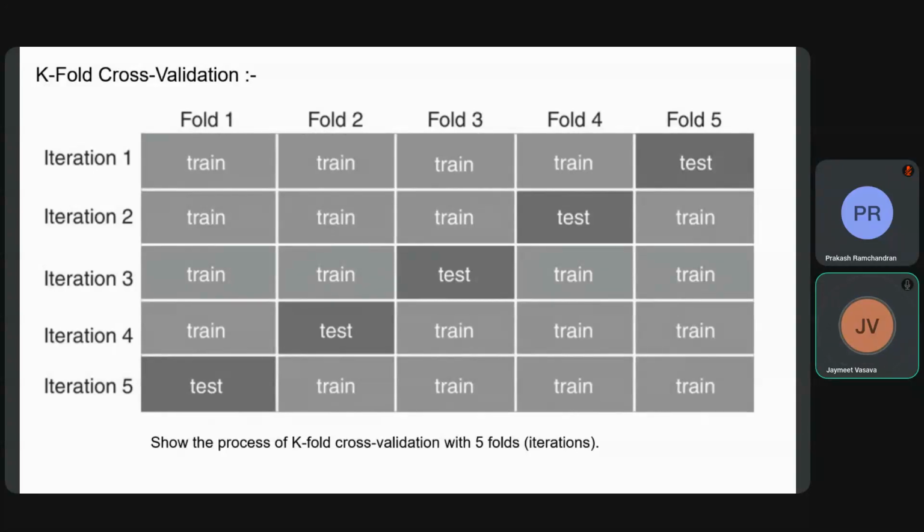Here the k value is 5. It divides the data set into 5 parts, and as you can see in the image, for iteration 1, out of the 5 it takes 1 as the test set and the others as the train set, and it will keep on learning the data for all the 5 iterations.